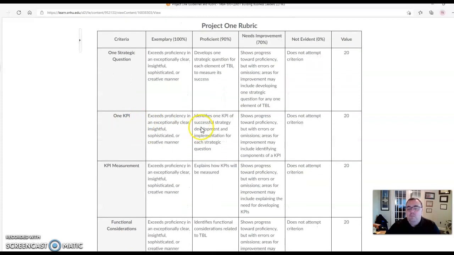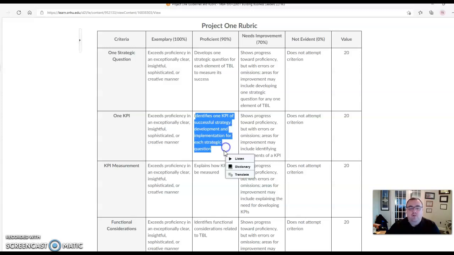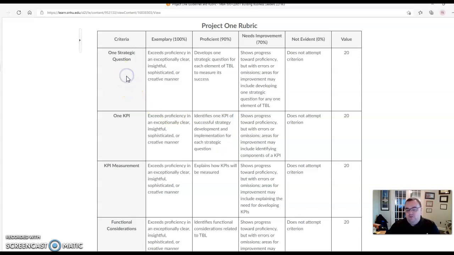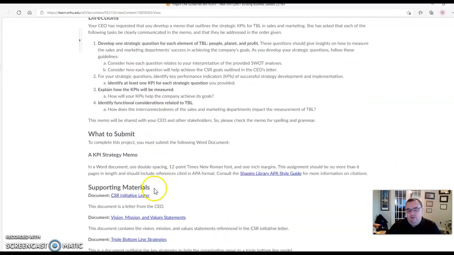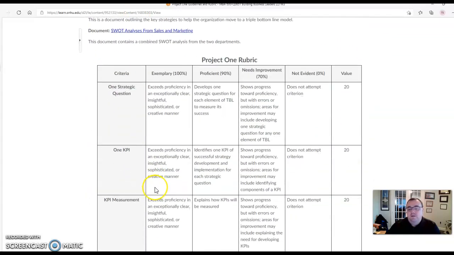Same thing with one KPI. Identifies one KPI of a successful strategy development and implementation for each strategic question. So you have a question that you want to ask or you want to answer. Hint, hint, that comes from some of this material here. And then how are you going to implement it?